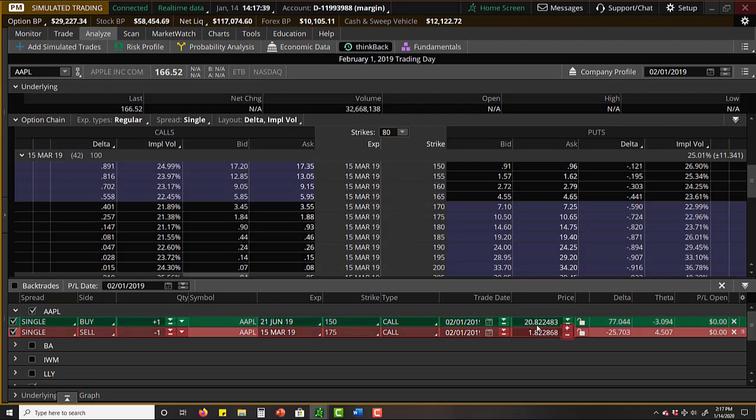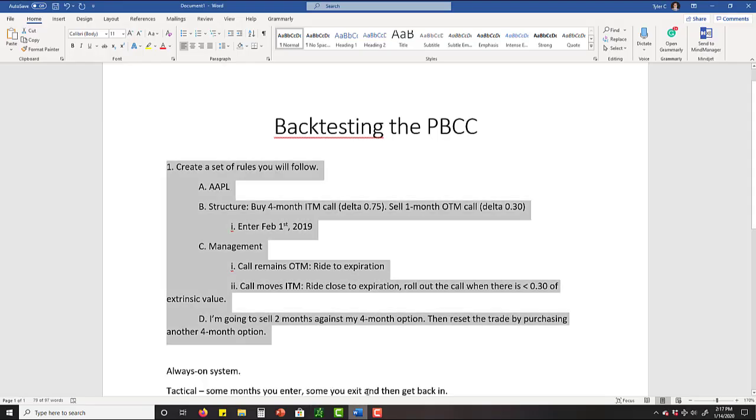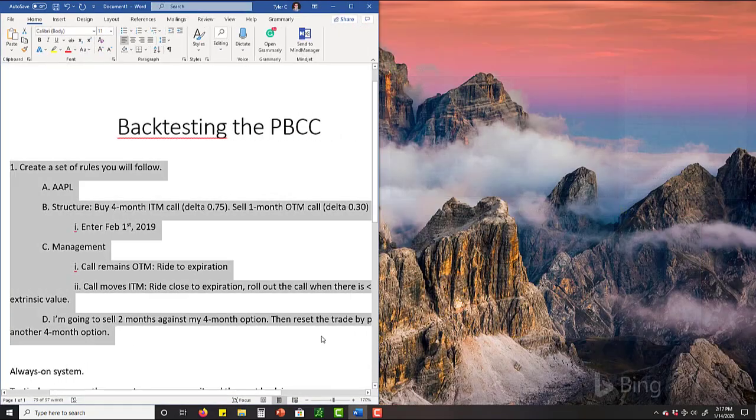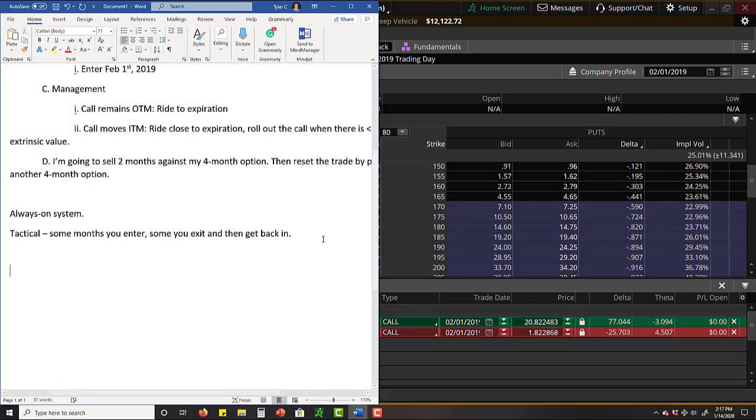Okay. Note the prices here. I'm going to lock those in. Those were the prices as of my trade entry. Now you could put this in a spreadsheet or a Word doc to keep track. That's probably going to be smart to really get the gist here.